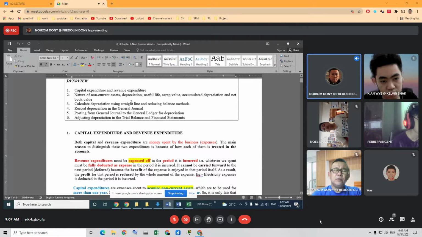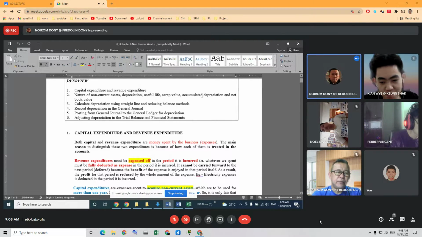Because this depreciation is not actually paid by cash, it's just an allocation. Allocation means we only provide that value, then that is the debit. But what do we credit? The credit will be accumulated depreciation. We accumulate the depreciation that we have allocated on that particular non-current asset.